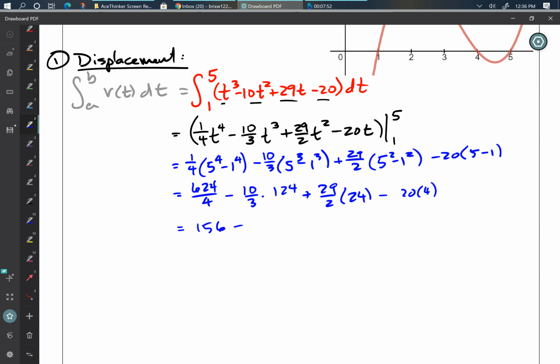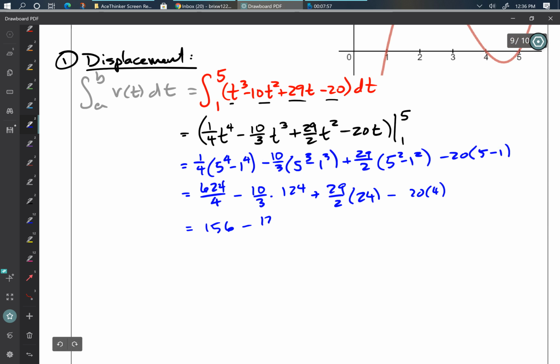124 times 10 over 3 is 1,240 over 3. I don't know why I need a calculator for that. I was hoping 124 divided by 3, but 4 plus 2 plus 1 does not add up to a multiple of 3, so it doesn't. 29 times 12, so plus 348, and 20 times 4 minus 80. So 156 plus 348 minus 80 gives me 424.